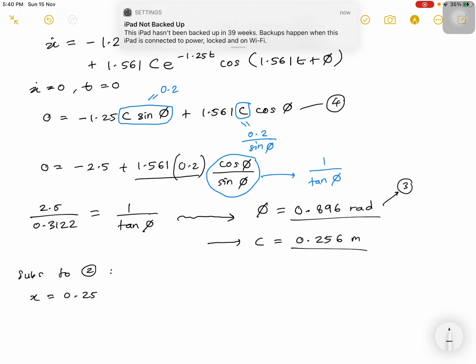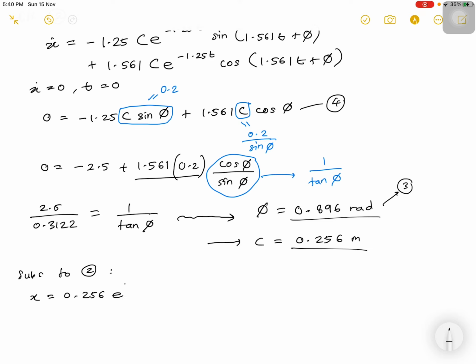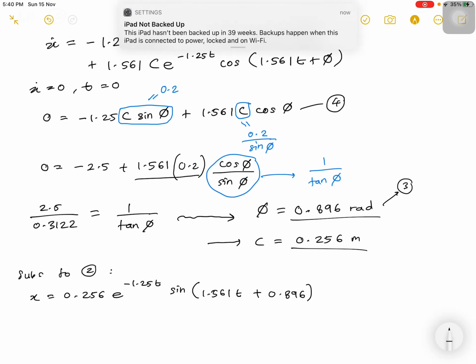So x is equal to 0.256 e to the power of negative 1.25 t sine (1.561 t plus 0.896). Alright, so therefore we get the answer.